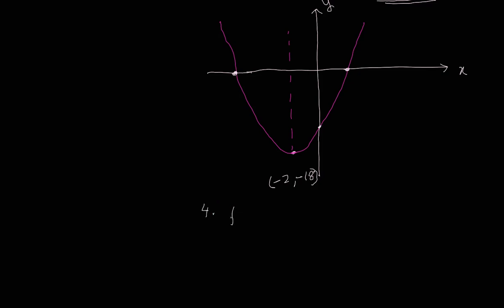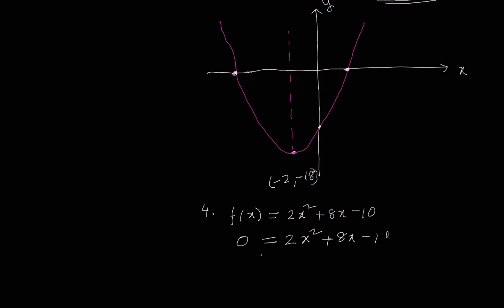My original function of x equals 2x square plus 8x minus 10. Now for the x-intercept, I am going to equate the function of x equal to 0. So 0 equals 2x square plus 8x minus 10.